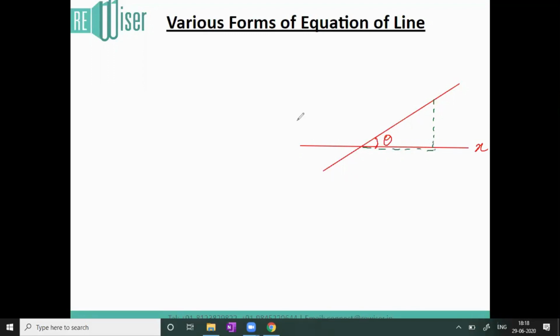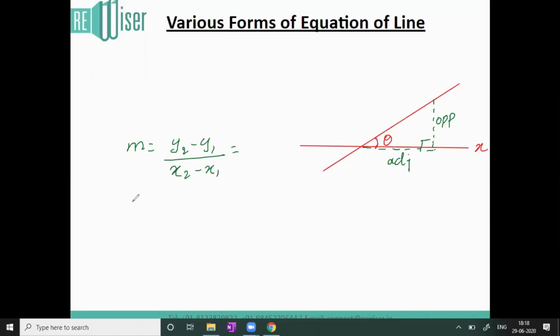We know that the slope of a straight line is y2 minus y1 over x2 minus x1, which is nothing but y steps over x steps. If you consider this as a right angle triangle, you can say this is my opposite and this is the adjacent of your straight line.